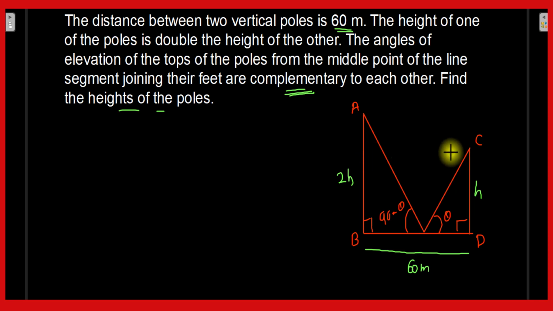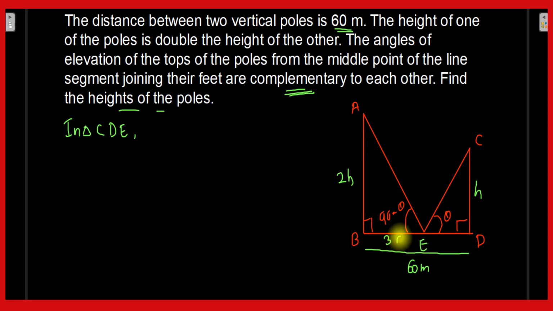So now first we will take this triangle. Let this point be E. So in triangle CDE, we have tan theta equal to opposite upon adjacent. E is the midpoint, and therefore this total distance is 60.